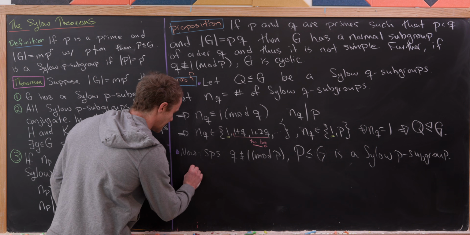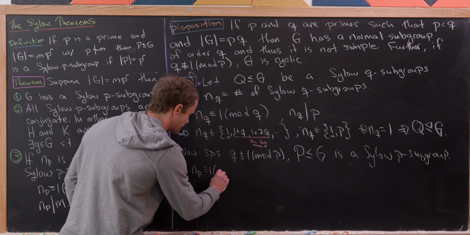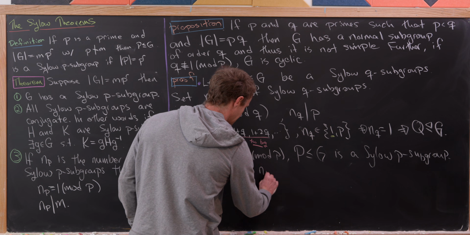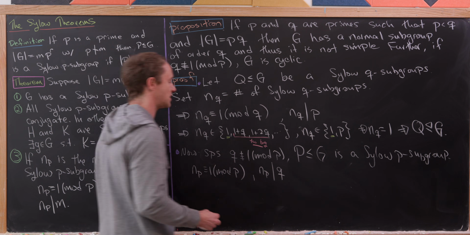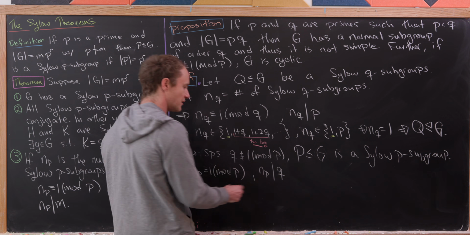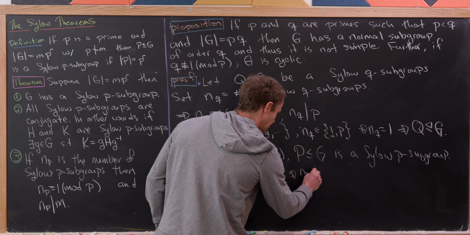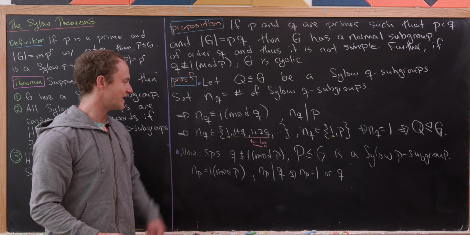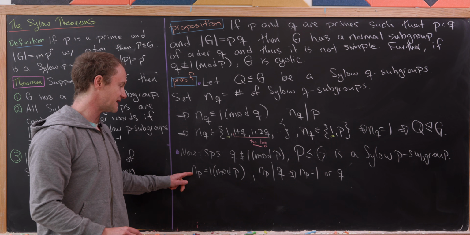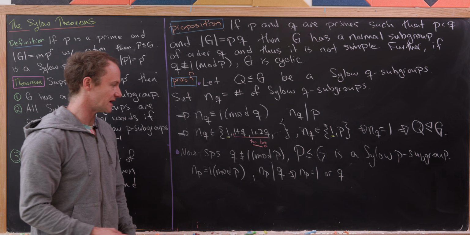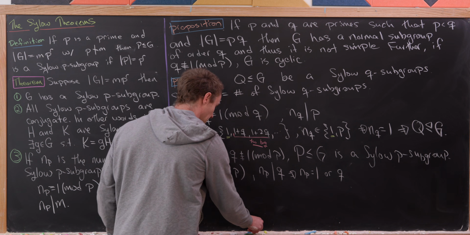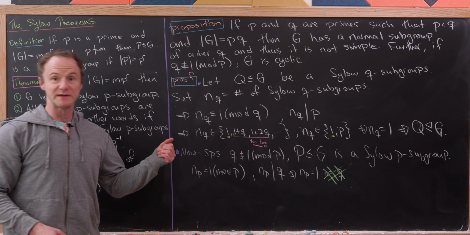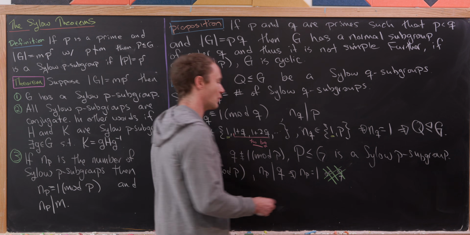And now let's notice that N sub P has to be congruent to 1 modulo P. And let's observe that N sub P must divide Q. But notice this tells us that N sub P equals 1 or it equals Q. But then since Q is incongruent to 1 mod P, but N sub P is congruent to 1 mod P, that tells us that this possibility of N sub P being equal to Q is actually impossible, which means that N sub P is in fact equal to 1.